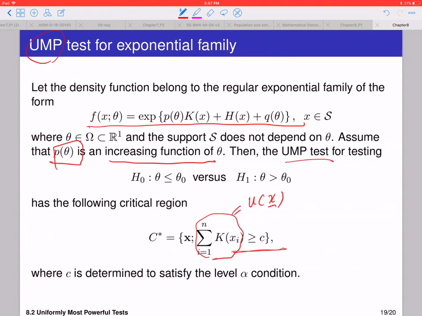So that's good news, and that is especially true for the exponential family if p(theta) is an increasing or a decreasing function.